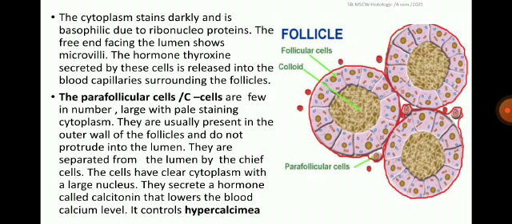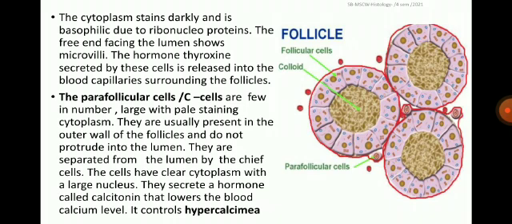They are few in number and they are large with pale staining cytoplasm. They are usually present in the outer wall of the follicles and do not protrude into the lumen but protrude into the soft connective tissue that separates and surrounds the thyroid follicle.